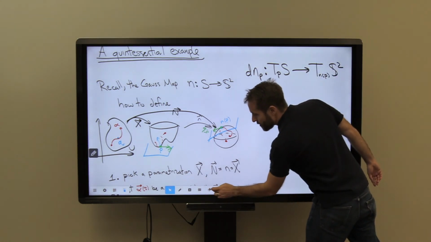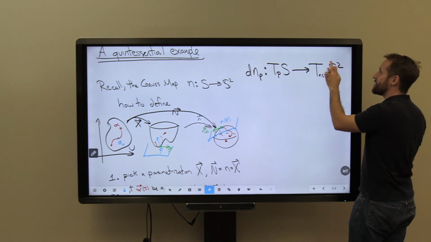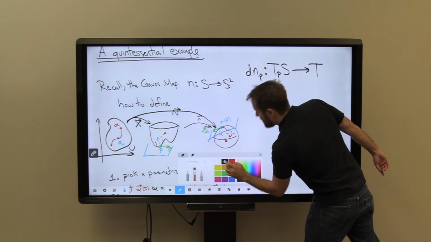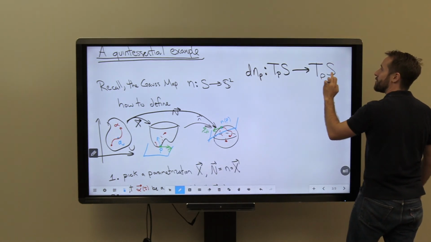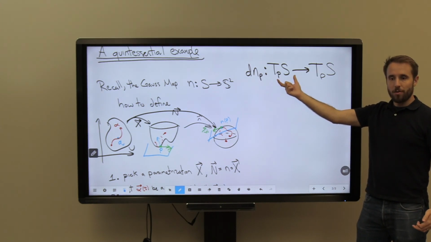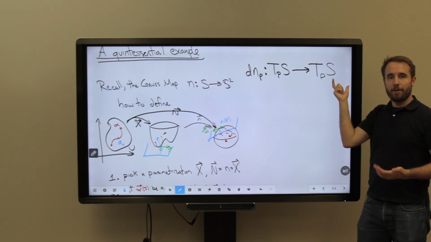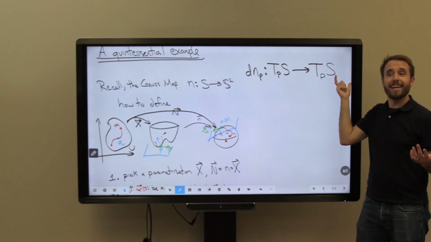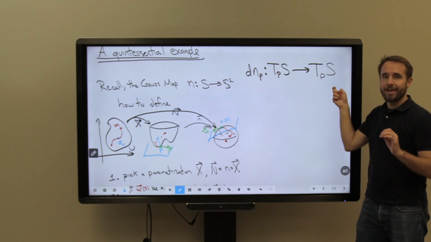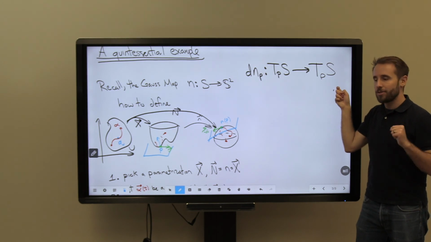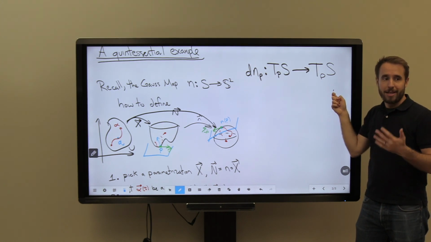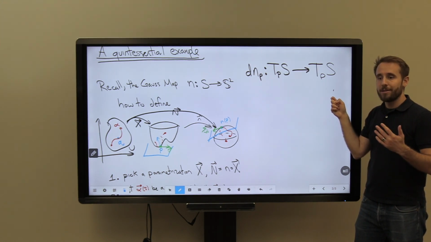And so there will be moments when I might want to pretend that this tangent space, by virtue of being parallel to T sub P of S, is really nothing more than T sub P of S. And so there will be times when I want to look at this as a function from this tangent plane to itself. And I'll try to identify those moments as they come up. There are some things that we can get away with by thinking in these terms. So that is this very technical but ultimately important idea of taking the differential between two surfaces.